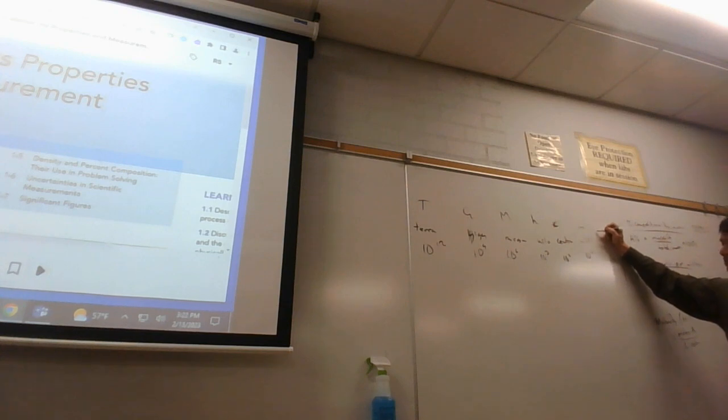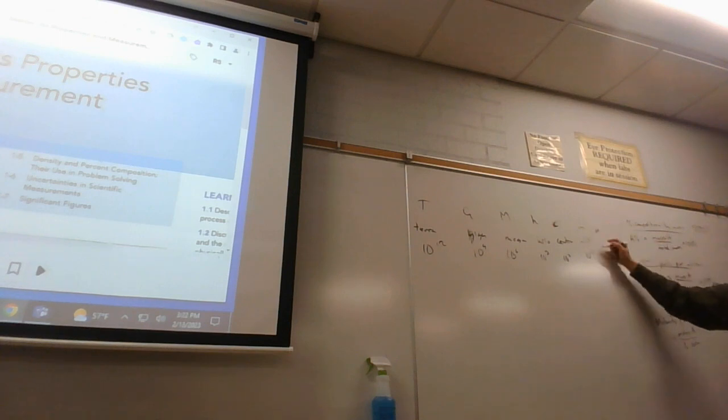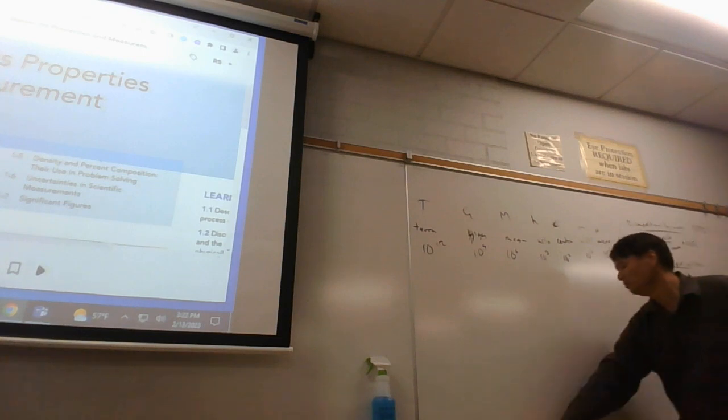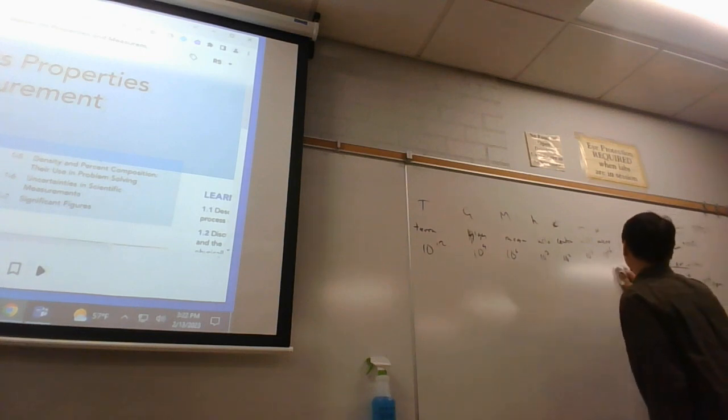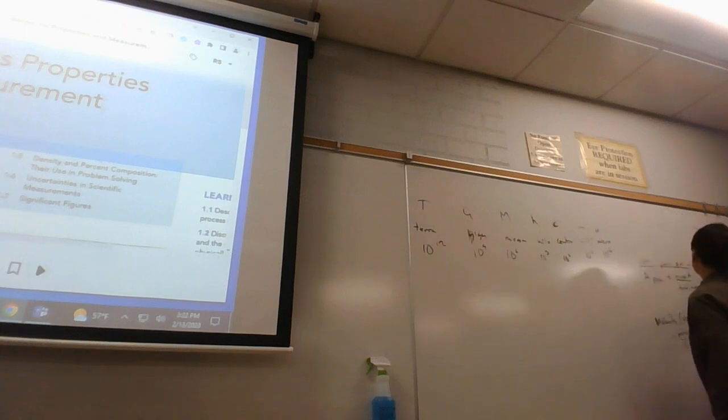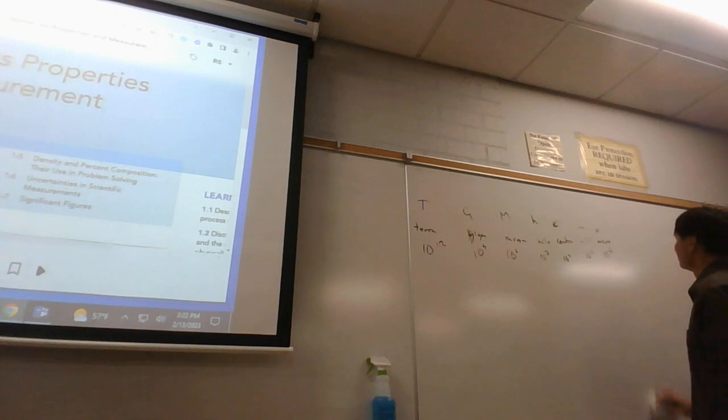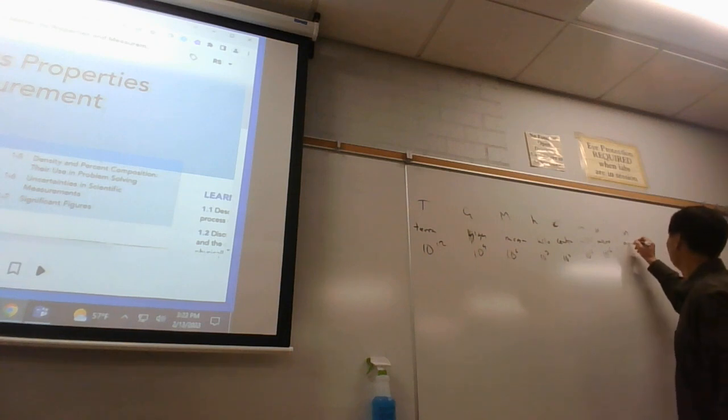And then after milli comes micro, which gets the symbol mu. Micro is 10 to the minus 6. And what's smaller than micro? Nano. Nano is going to be 10 to the minus 9.